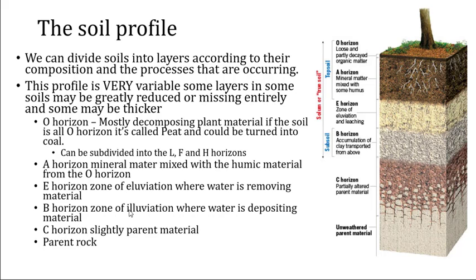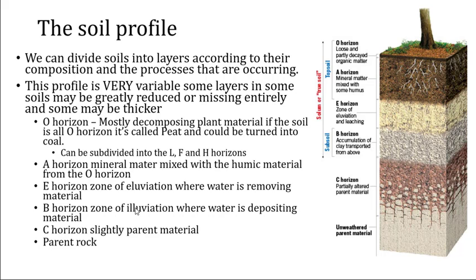It's easy to remember: I for illuviation and I for in. So material is being washed out of the E horizon into the B horizon. This is the zone of eluviation. This is the zone of illuviation. Are your eyes rolling yet? I told you it was complicated, and we're not even doing the complicated stuff.